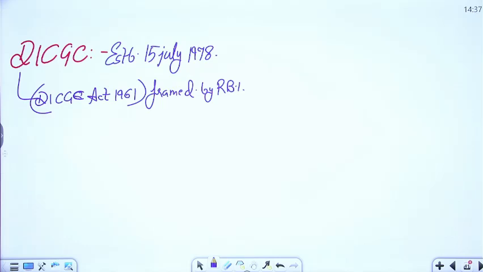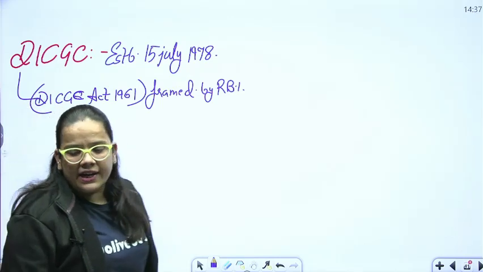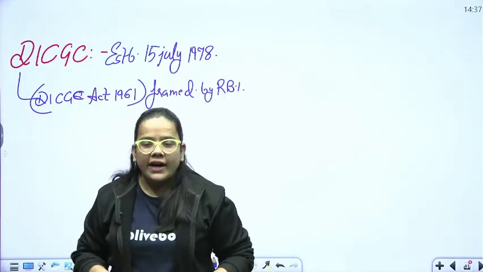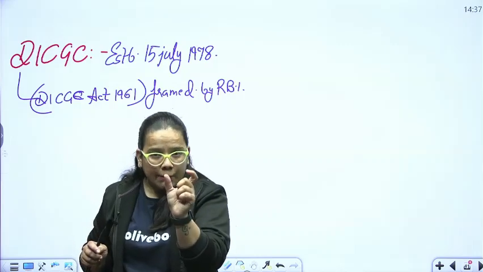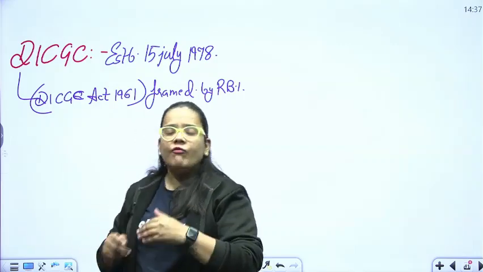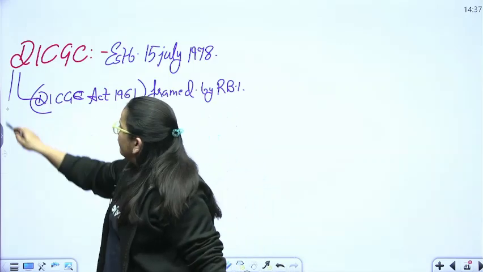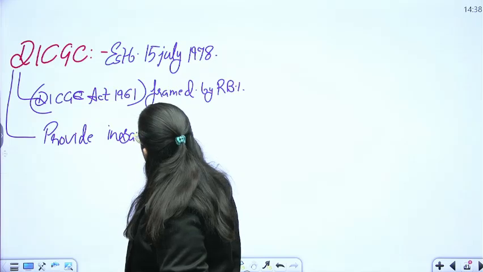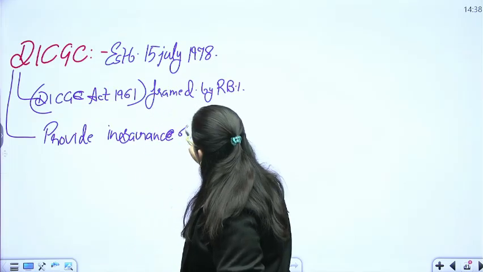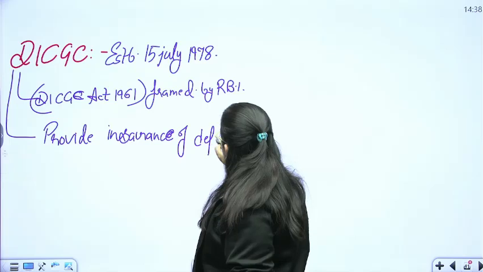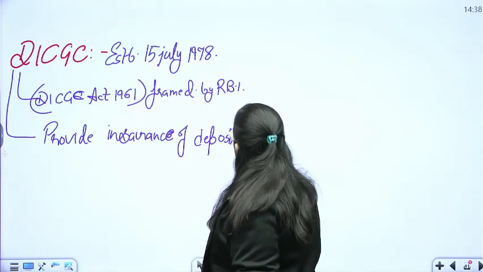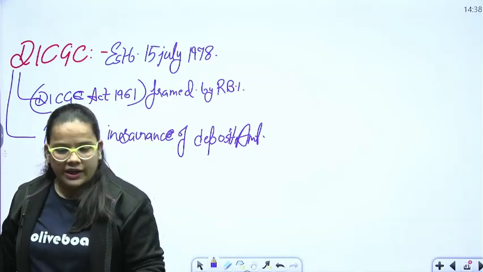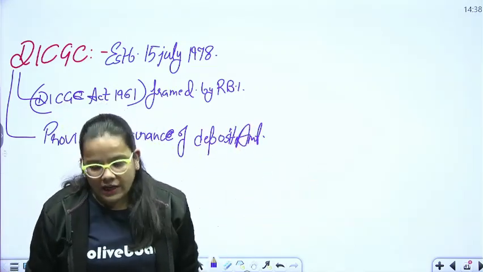Now, as the name suggests, the Credit Guarantee Corporation, DICGC was established for providing insurance of the deposit amount and also guaranteeing credit facility. Deposit amount means whatever amount is deposited in a bank account. So basically DICGC does the insurance of that deposit amount.